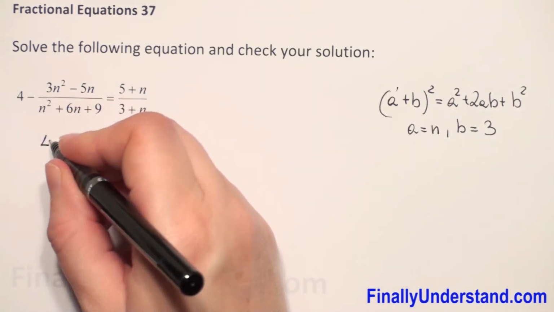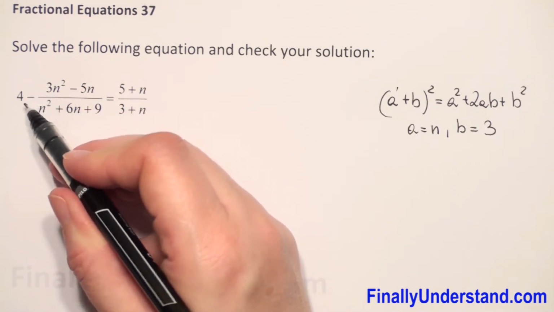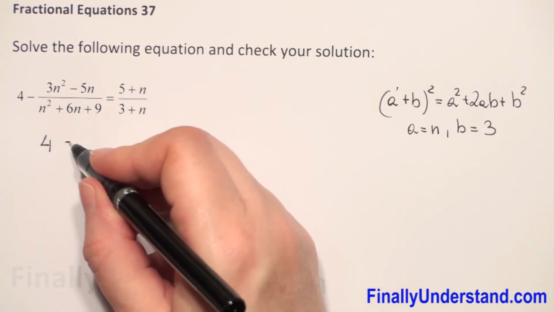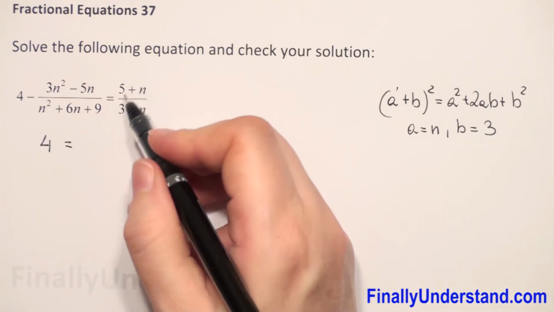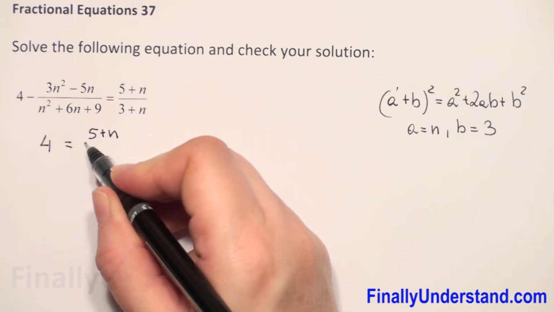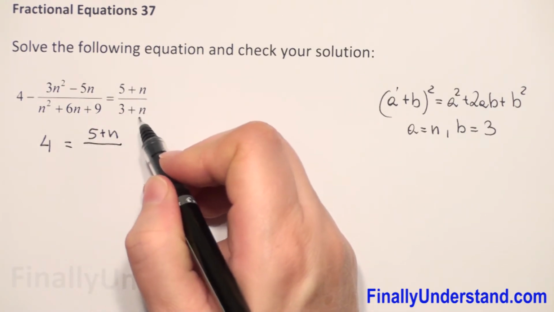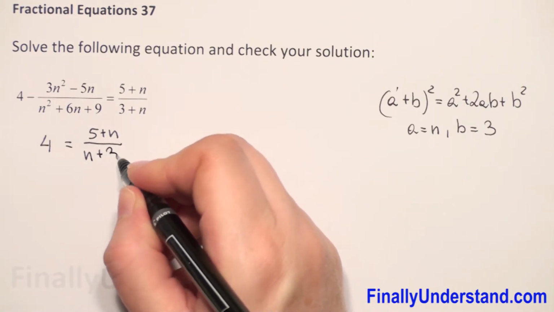4 we will leave on the left side. Like I said, this whole expression is negative, so I will move it to the right side, and when I move it, this negative sign now will be positive. But first we will copy 5 plus n over 3 plus n, so first I will put the variable n plus 3.